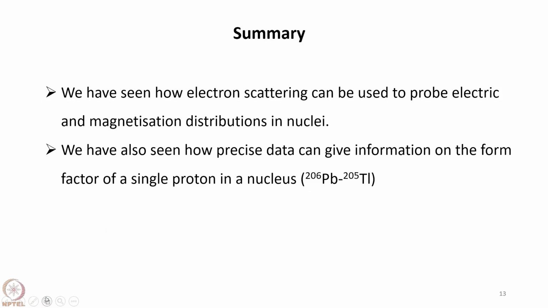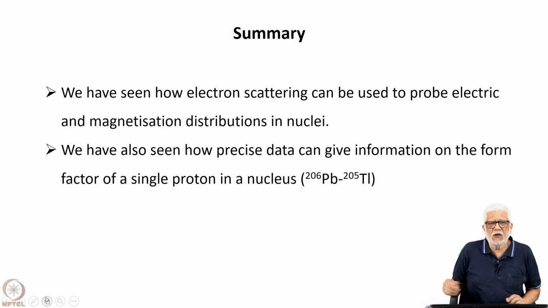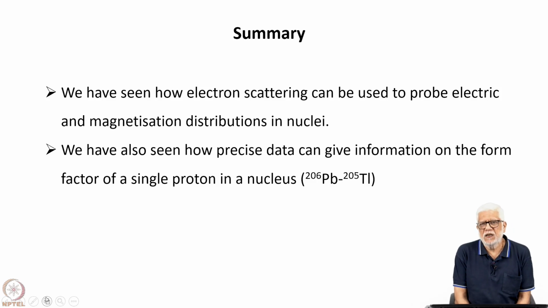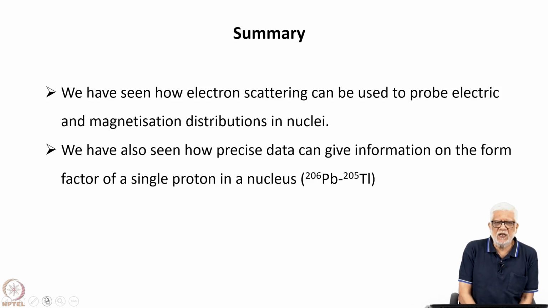In summary, we have seen how electron scattering can be used to probe electric and magnetization distributions. I mean, the form factors are a function of momentum transfer, and then of course, if you do a Fourier transform, you can get the distributions in space, the radial distributions, for example. We have also seen how precise data can give information on the form factor of a single particle in the nucleus.